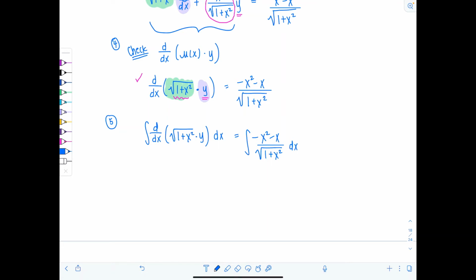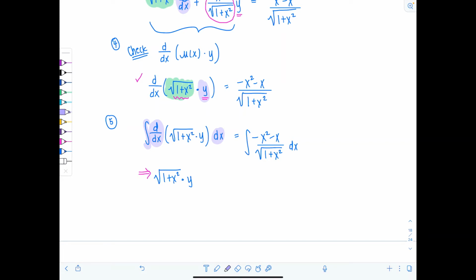The left-hand side is easy squeezy because everything just cancels out and you're left with mu of x times y. So you just have radical 1 plus x squared times y. Notice here we have a derivative with respect to x. We're integrating with respect to x. So those will all undo each other.